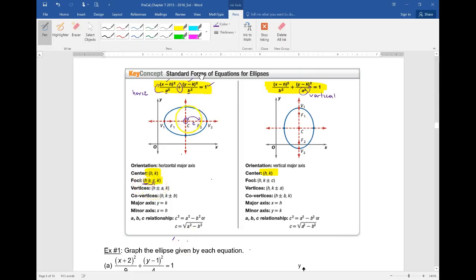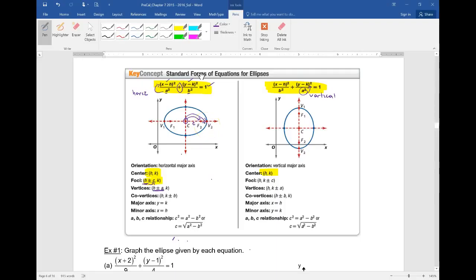Now what about the vertex? To go to the vertex, if it's horizontal, do you change the X or the Y? The Y stays the same to go to the focus. The X changes, right? So you add A to your H. Okay? If I'm at the center and I have to go to the vertex, do I move horizontally or vertically?